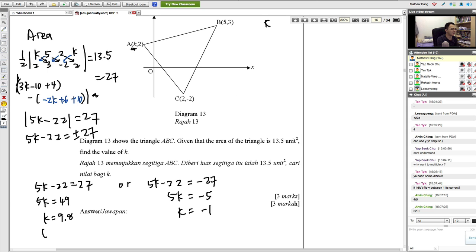Therefore I will reject this answer. So this is my final answer: K equals -1. I think you seldom see something like this. Open up the modulus, and on the other side you get positive and negative. I just hope you understand this one. If you have no problem, I'm going to move on again.